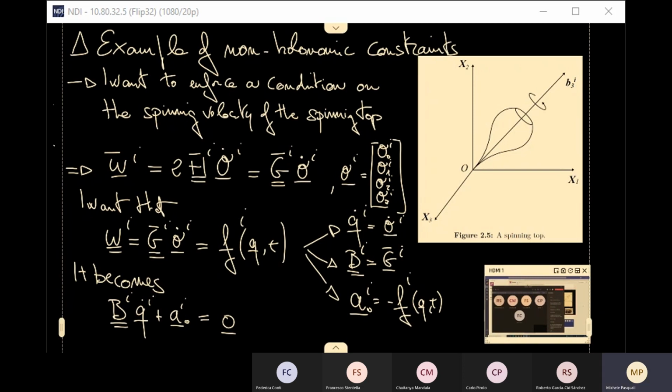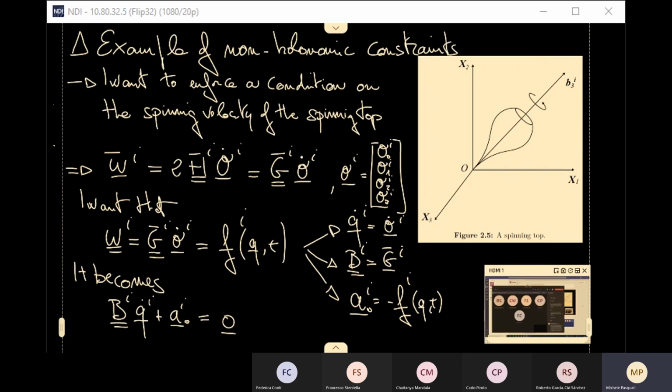One additional point that I would like to discuss with you is the following. One could say, okay, when I impose holonomic constraints, it means that I'm defining something directly in terms of the generalized coordinates q. So I'm forcing directly the values of q.